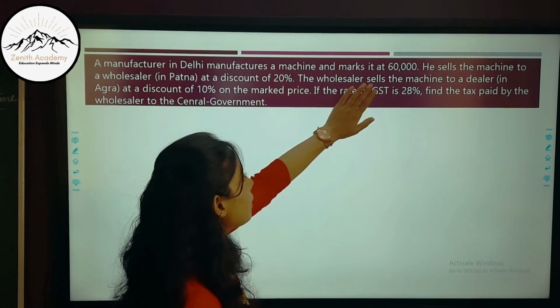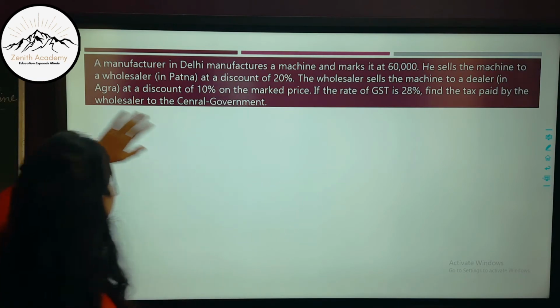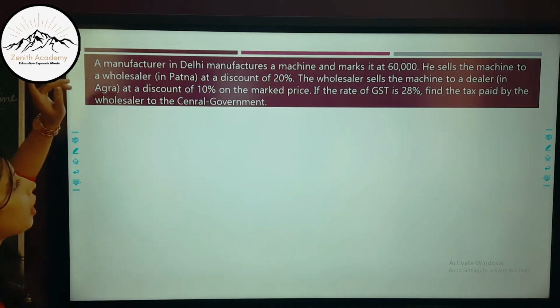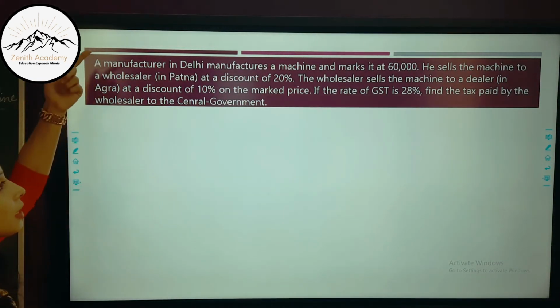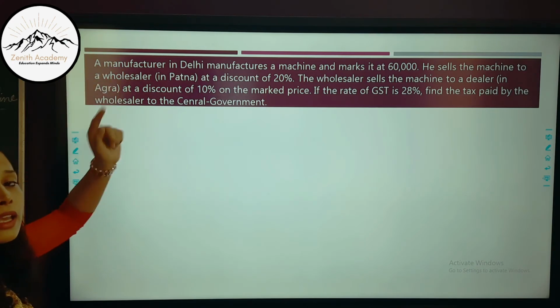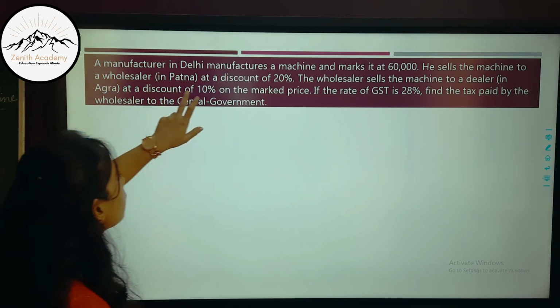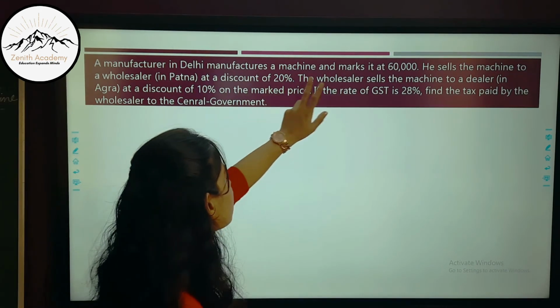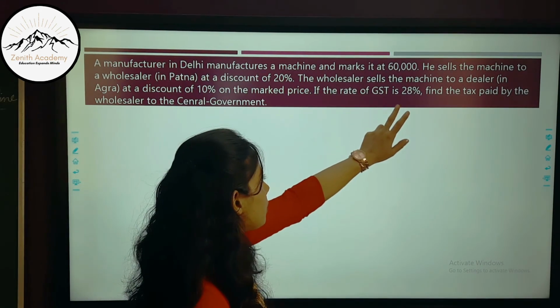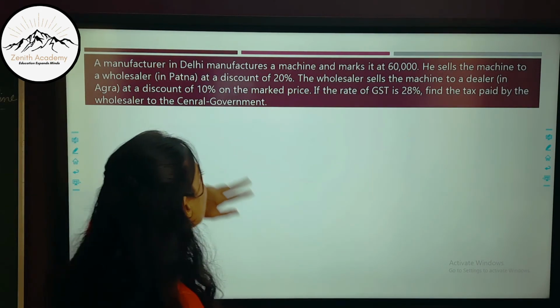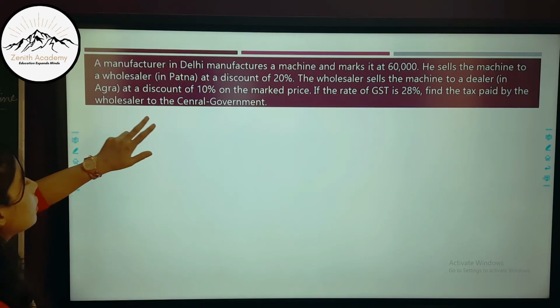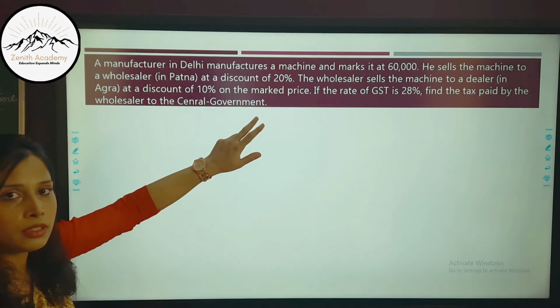The wholesaler sells the machine to a dealer in Agra. Again, the wholesaler is selling this machine to a dealer in Agra, again an interstate transaction, at a discount of 10% on the marked price. If the rate of GST is 28%, find the tax paid by the wholesaler to the central government.